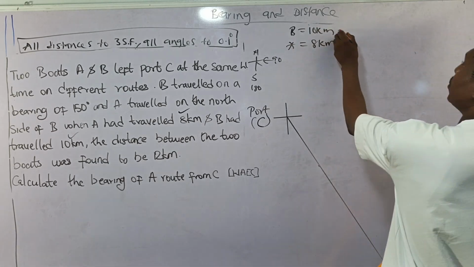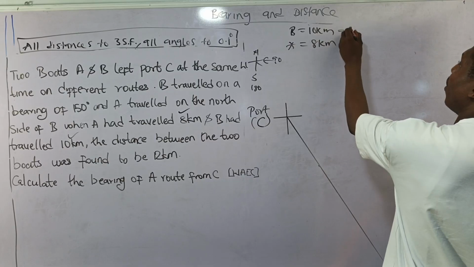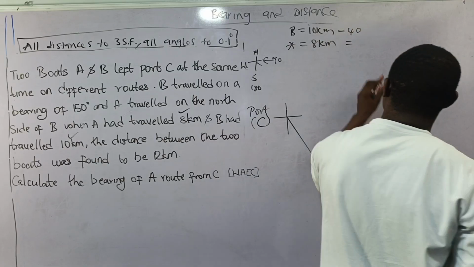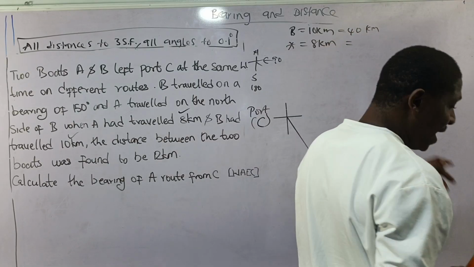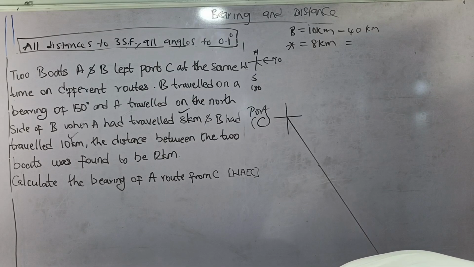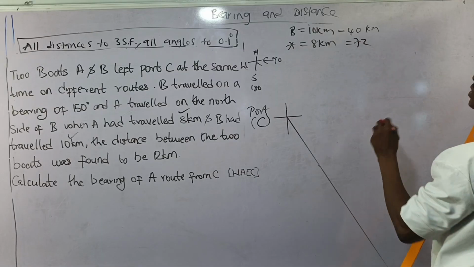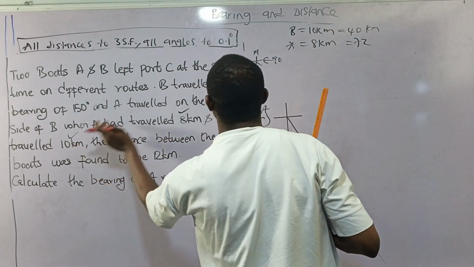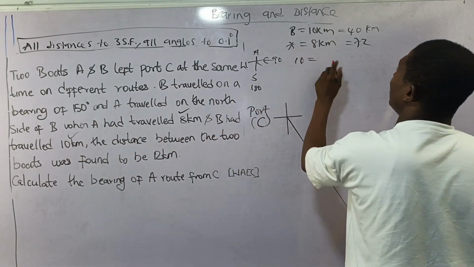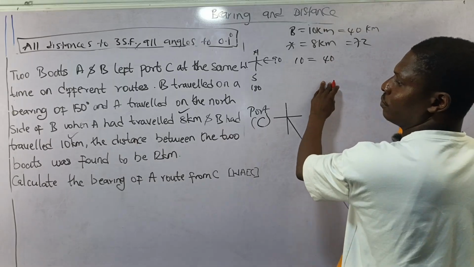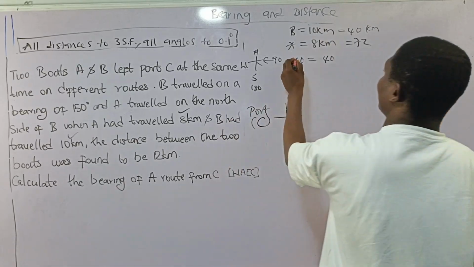Now, if I multiply this by 4, I'll have this as 40. And if I multiply this by 8, I'll have 72. So this is 72. How about the third, 12?